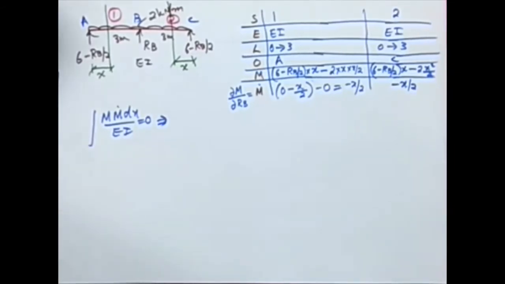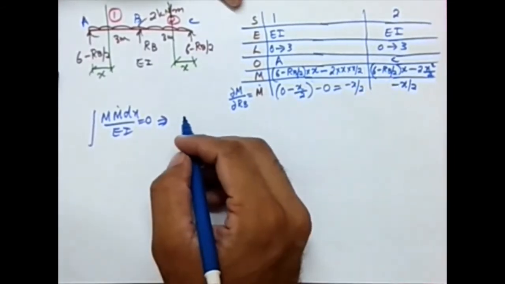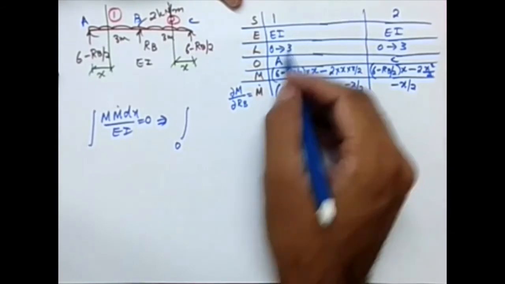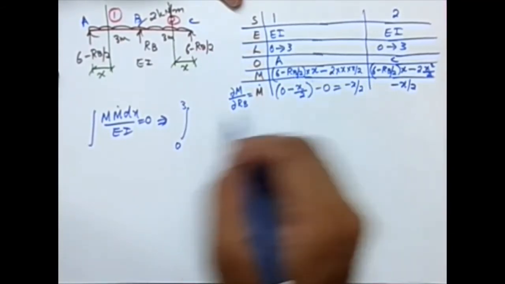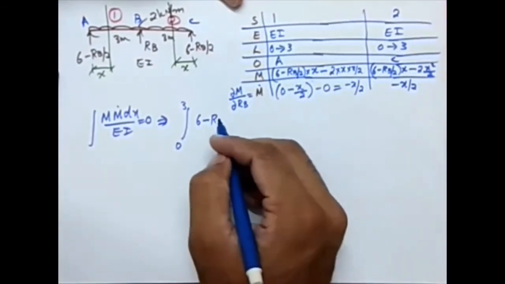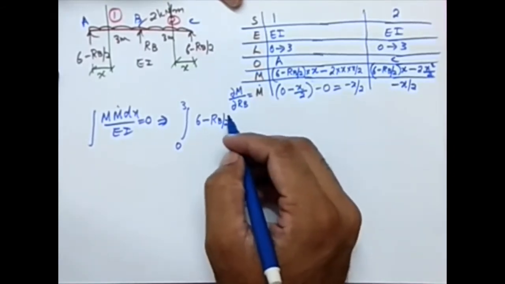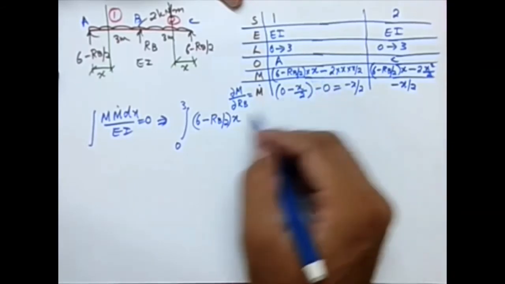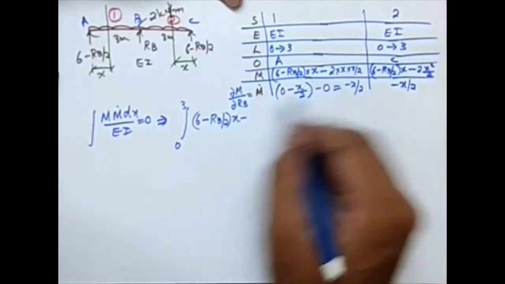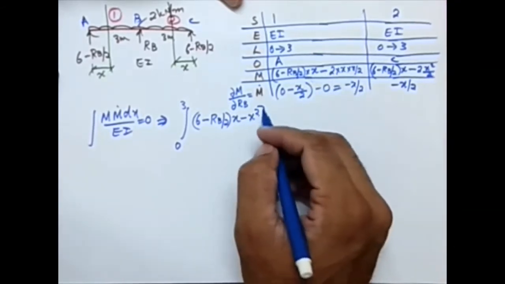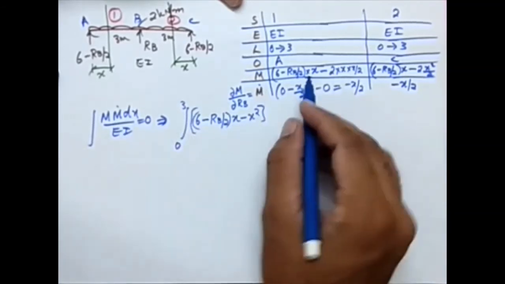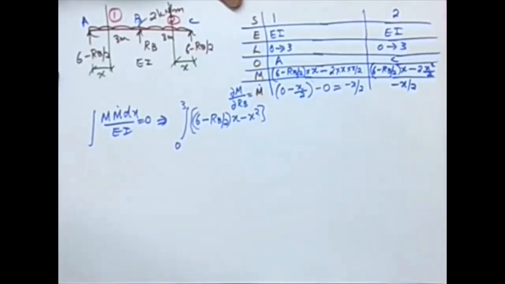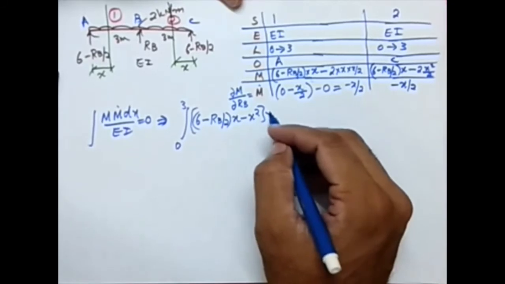So let's substitute. There are two segments. I'm considering the first segment. The limit is 0 to 3. This is the expression for M, that is 6 minus Rb by 2 into x, into x minus 2 cancels out, x square. That is the expression for M. What about M dot?